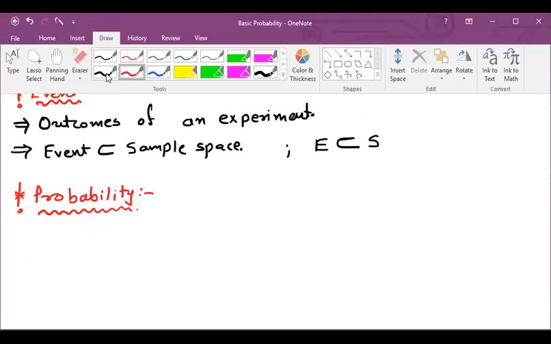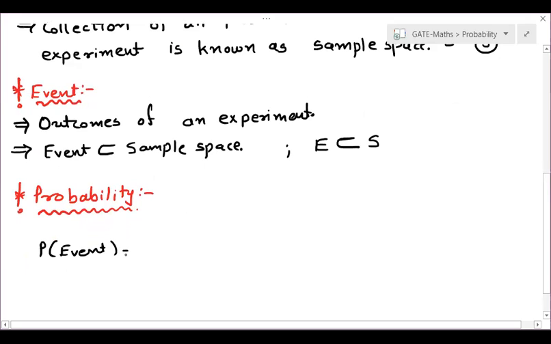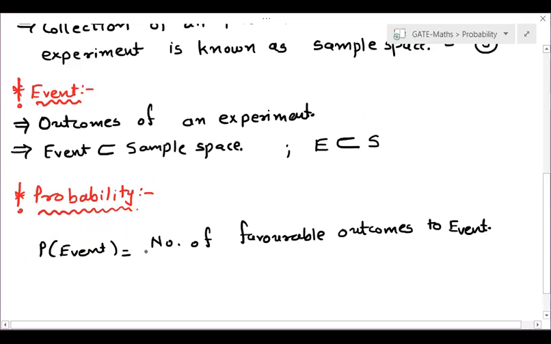So probability of any event is defined as number of favorable outcomes to that event, right? That is, how many outcomes are favorable for that event, divided by total number of outcomes.